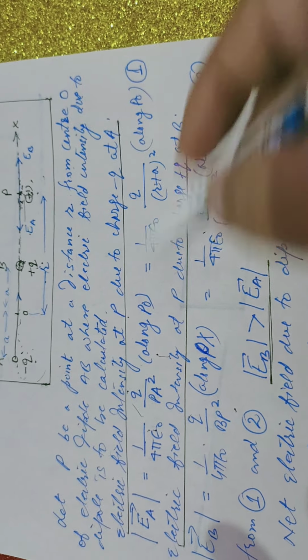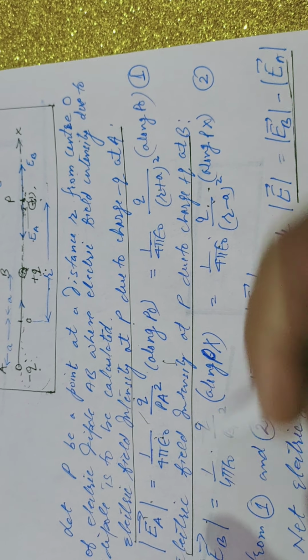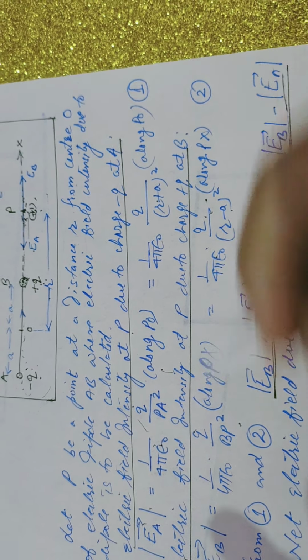Now you can check between EA and EB, the denominator of EB is smaller, so I can say as the denominator is small, EB is greater than EA. So on comparing these two equations, you will get EB is greater than EA. As EB is greater than EA, this plus 1 is pushed towards EA, so net electric field is along EB.